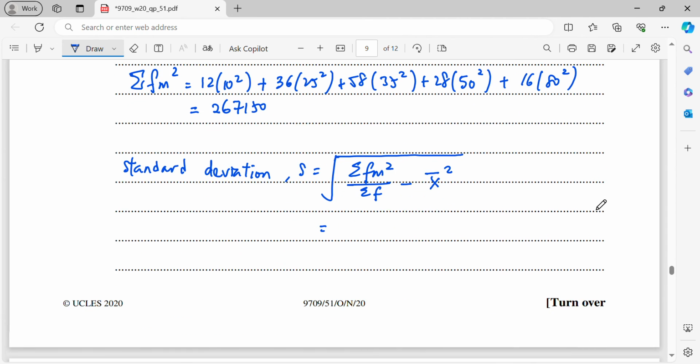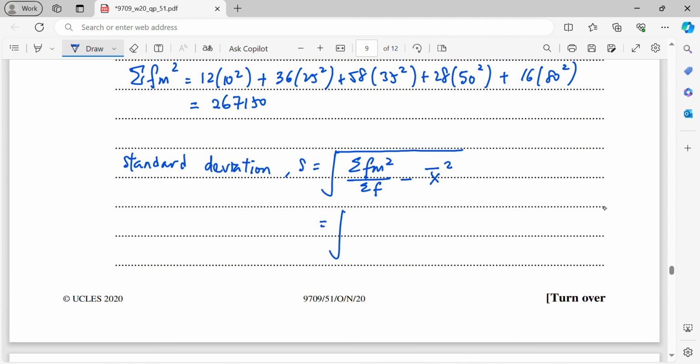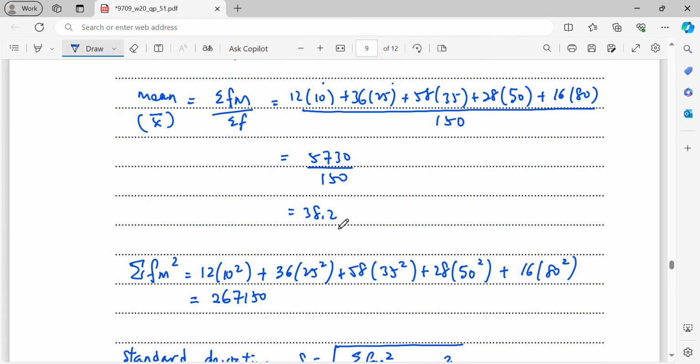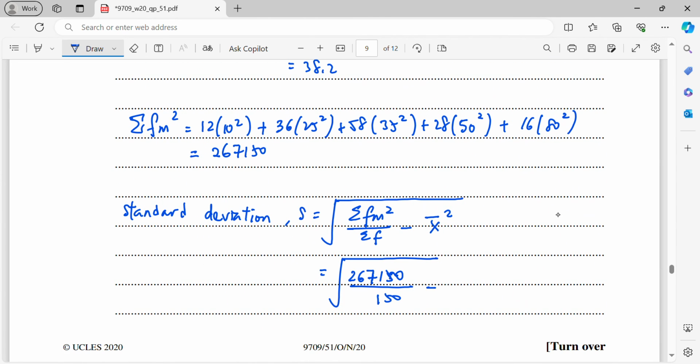So now just replace all the values. The mean is 38.2, that is the actual value. Then from here, you will be getting 17.9. So that's the solution of this question.